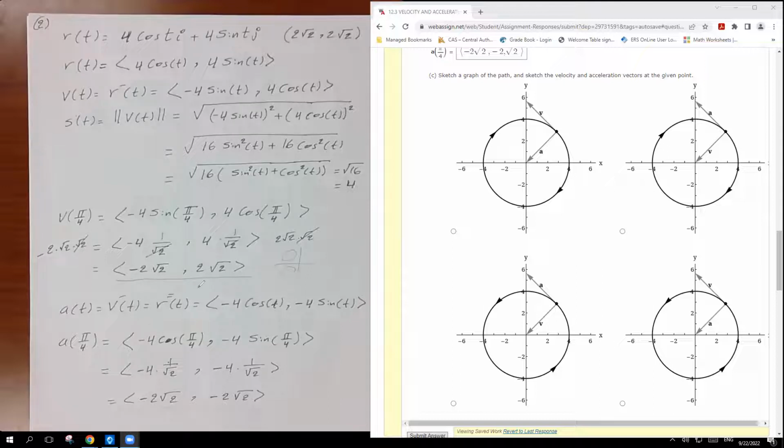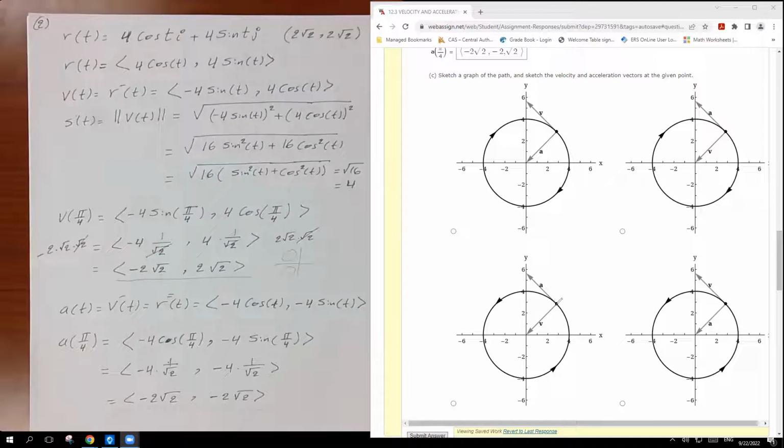Negative 2 square root of 2 and 2 square root of 2. That means from this point, if I want to go to negative x, it's going to be going to this side. Then I'm going to go up on the y coordinate, 2 points. You see the distance between this point and the y coordinate. This is 0, 1, 2, and here is the root, because square root of 2.